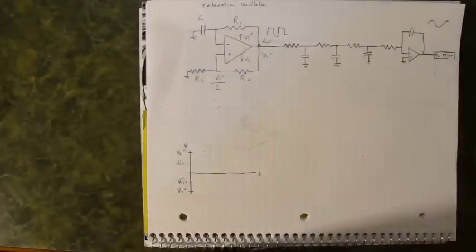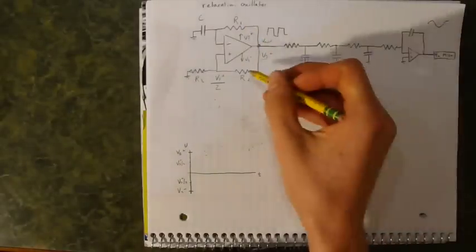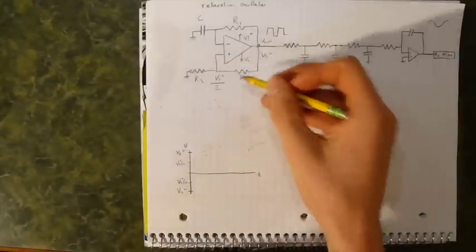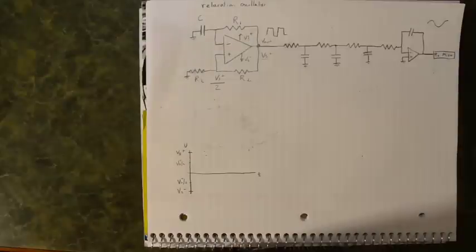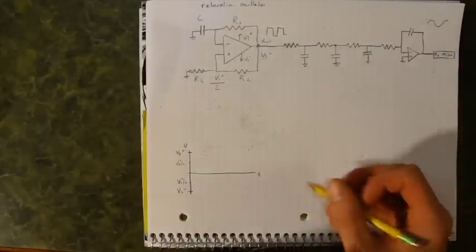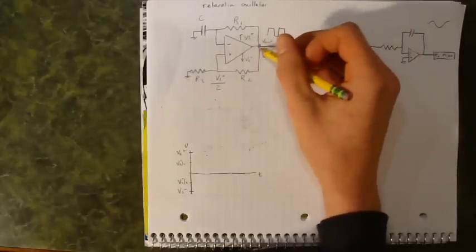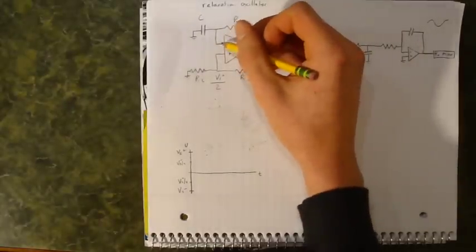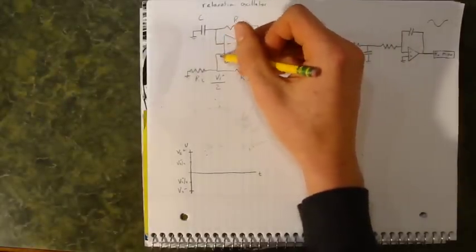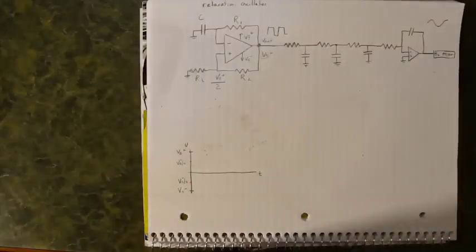For starters, these are both R2 values. They're set equal to each other. And let's begin. So let's assume that this V out pin, let's just call this node V out, starts at ground. Let's call this V minus starts at ground and V plus starts at ground. But there, of course, will be random noise at all these pins.